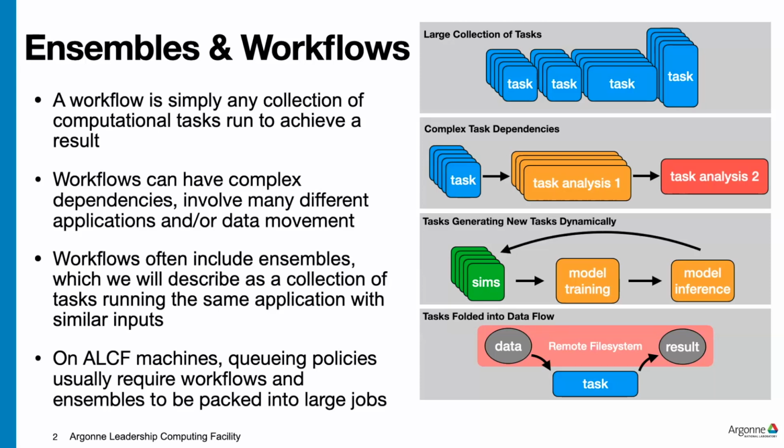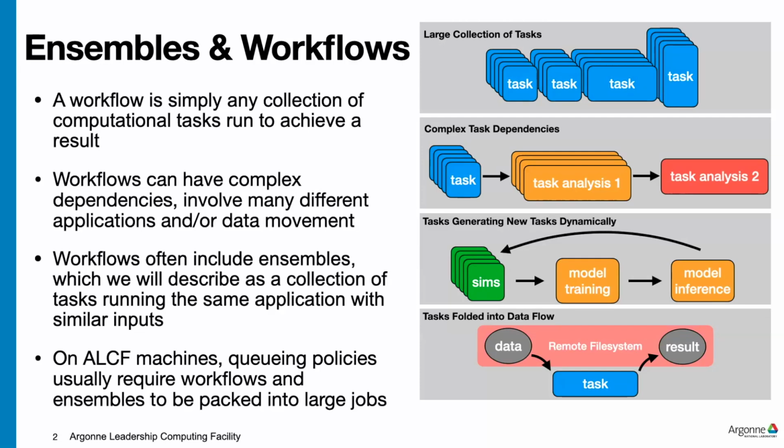One thing I'll point out, if you have experience on our systems or at OLCF, the other leadership computing facility, our queuing policies are set up in such a way that we very much encourage users to run large jobs. So if you have a collection of, say, 2 or 4 node tasks that you need to run, we do not recommend that you run these as individual jobs on the scheduler.